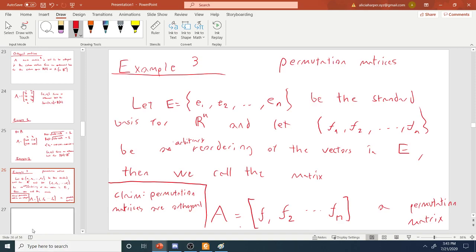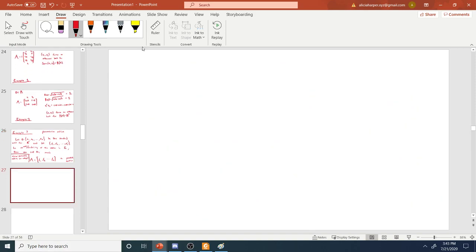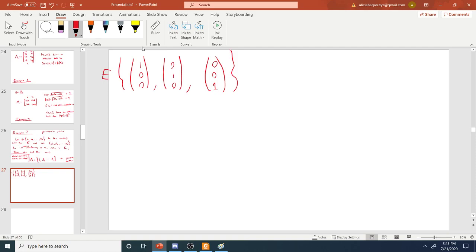So let's do some examples of these. The standard basis for R3, of course, is 1, 0, 0, 0, 1, 0, and 0, 0, 1. So that's my E. And we can reorder these in various ways and get different matrices. So for example, we could get the matrix 1, 0, 0, 0, 0, 1, and then 0, 1, 0. We could also get the matrix 0, 0, 1, 0, 1, 0, 1, 0, 0.